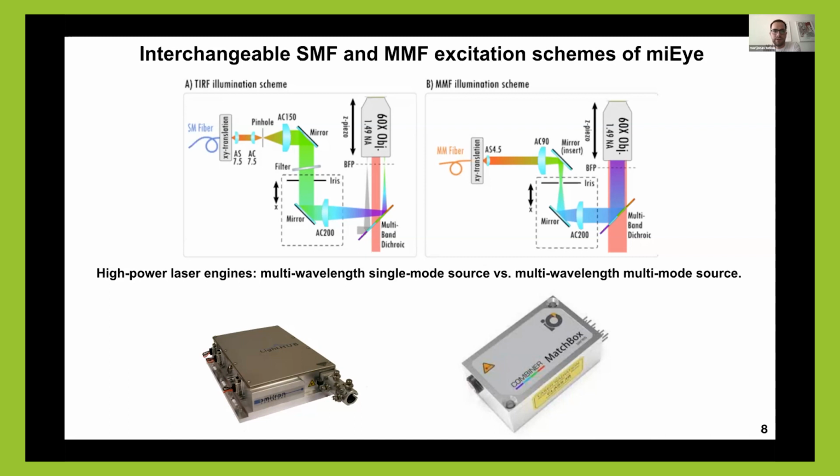We couple it with multimode fiber or single mode fiber, and these two paths that you can see here are basically interchangeable. So we can use single mode fiber for TIRF illumination, and we can use multimode fiber for epi type of illumination when we want to study thicker samples. And we use TIRF excitation when we want to study something that is close to the surface of the cover slip.